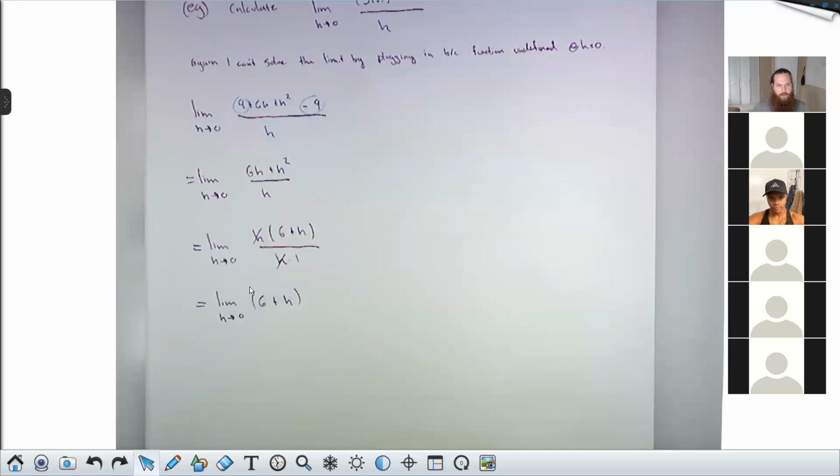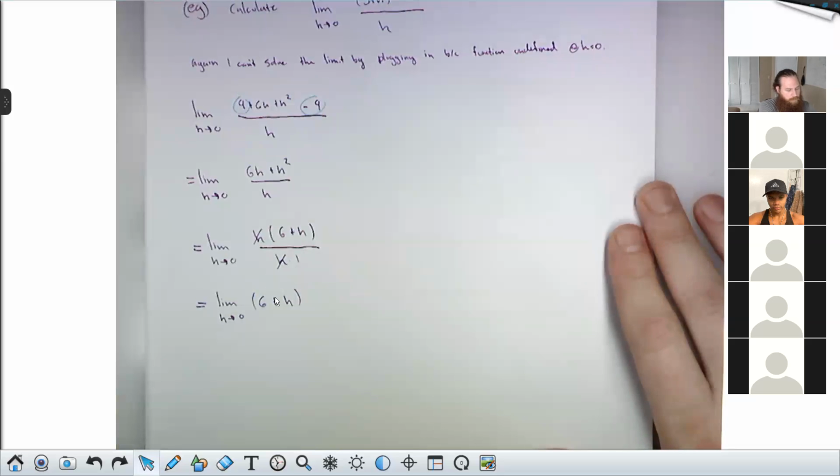This may not be equal to this exactly at 0, because this is undefined exactly at 0. But when h is 0.000001, this is the same as this. And as those h's get smaller and smaller, these values still match. So the pattern in the y values is the same, which means the limits are the same.